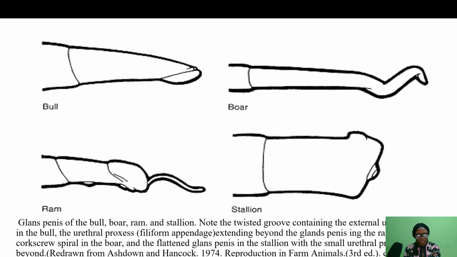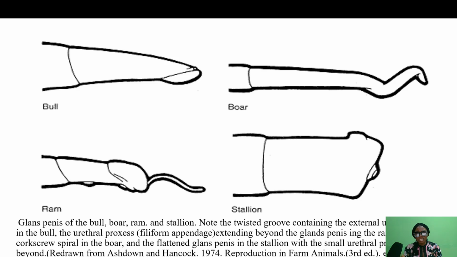In this figure, we are seeing the way the head of the penis of individual species of animal looks. We have that of the bull, the boar, which is coily at the tip, the ram, and the stallion. It is noteworthy that the head of the glans penis aligns with the shape of the cervix of the female of the same species.